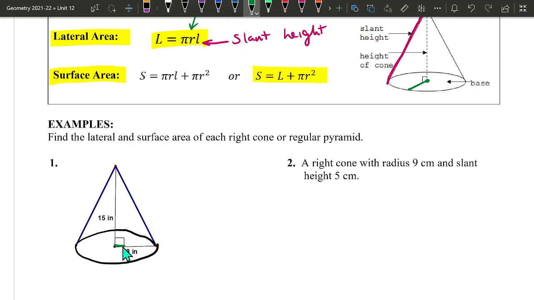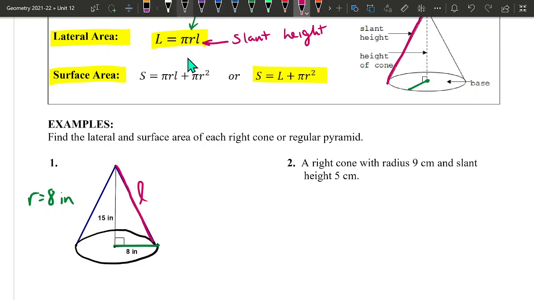I can see that the radius is 8. So I have r equals 8 inches. But I don't know what the slant height is. It's not given. It has to be the outside. It gives me the true height, the perpendicular height, the elevator inside the cone, but it doesn't give me the stairs, the slant height. We have to take the stairs.